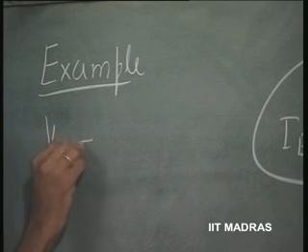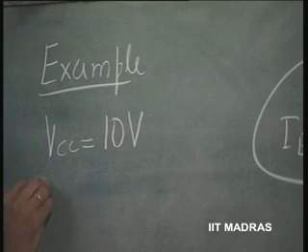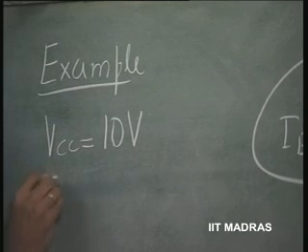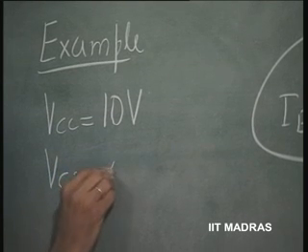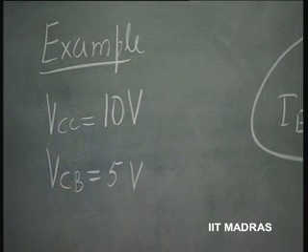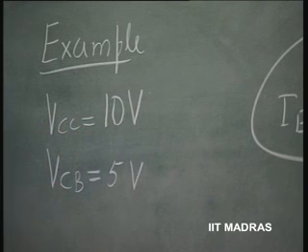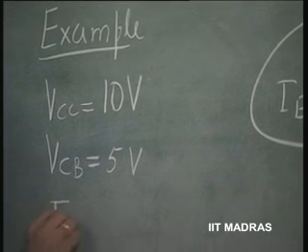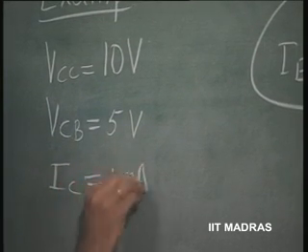VCC is equal to, still, let us say 10 volts, and I want, let us say, VCB equals 5 volts. I want VCC equal to 10 volts, VCB equal to 5 volts, and IC should be equal to 1 milliampere, let us say.